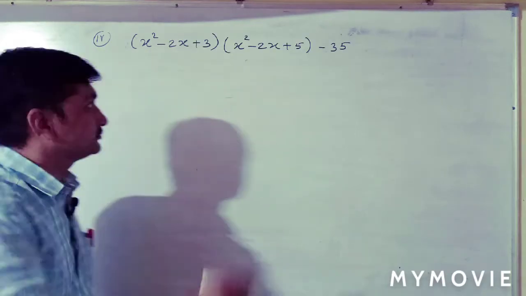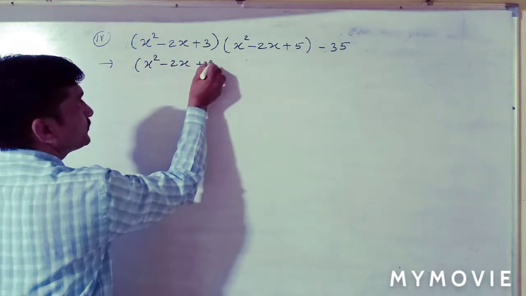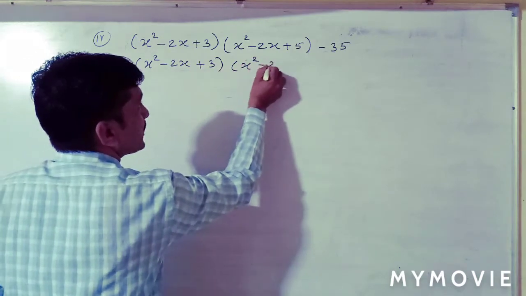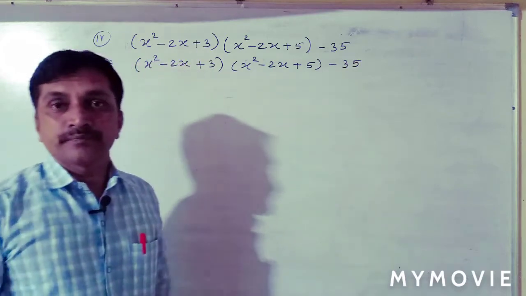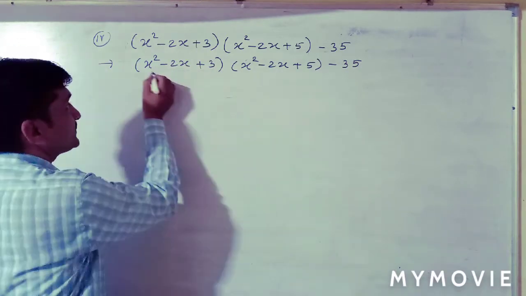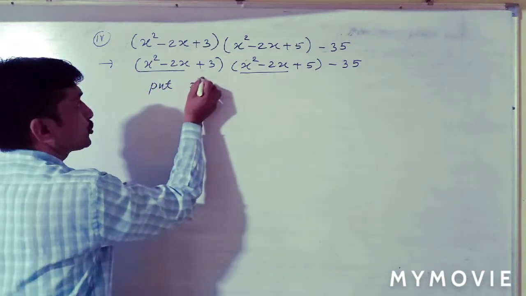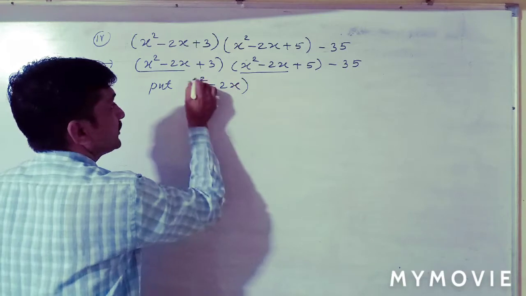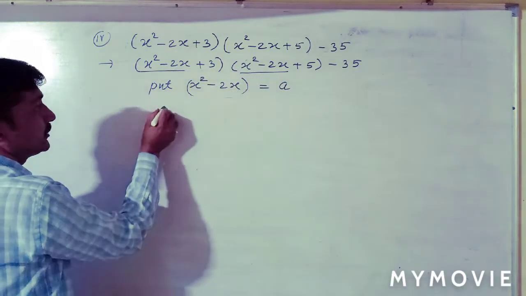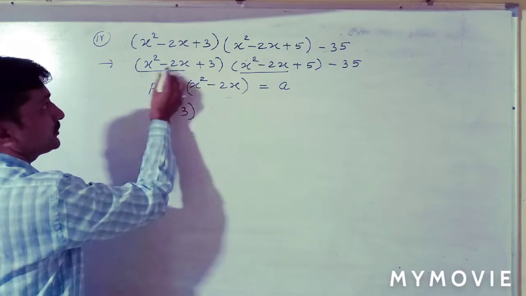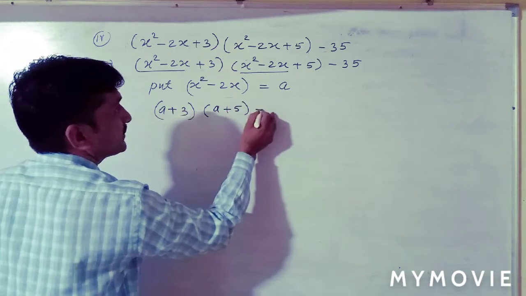Example number 4. x square minus 2x plus 3, x square minus 2x plus 5, minus 35. Which terms are the same in both the brackets? These terms are the same. Therefore, put x square minus 2x equal to a. If we put a here, then what do we get? a plus 3, here a plus 3, second bracket a plus 5, minus 35.